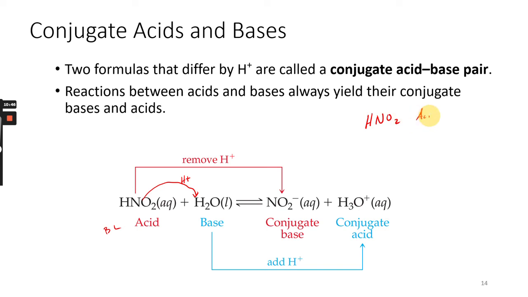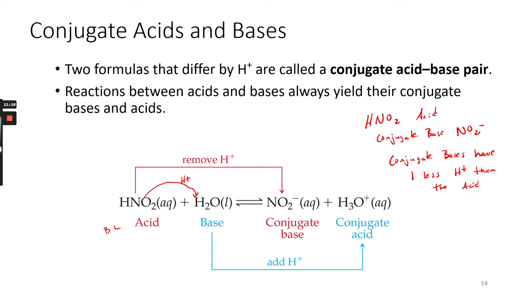So this is my acid, and its conjugate base is NO2 minus. So if you had to come up with a definition of a conjugate base, conjugate bases have one less H plus than the acid.